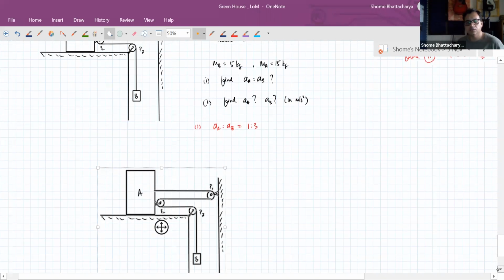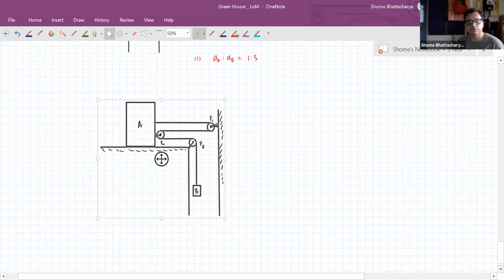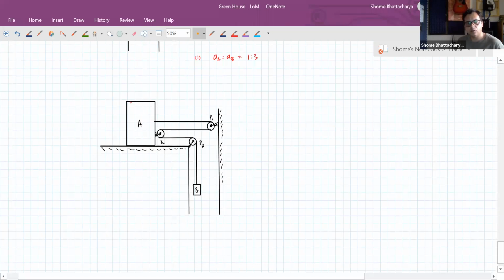In this diagram, suppose this block moves like this along with the pulley attached to it. Then the thread length here reduces by 3 times that much, and during that same time B will have to move like this.